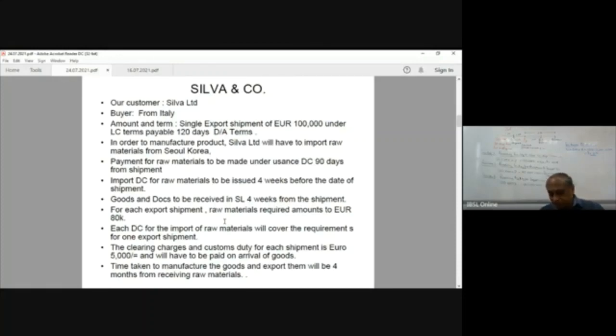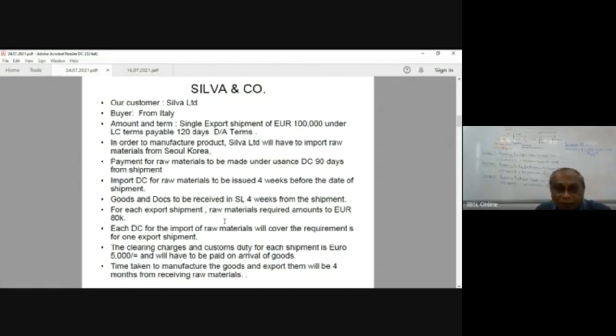I put DA as a simple way, but don't get used to it. The correct term is usance terms, 120 days usance terms. In collections it is the same thing, but I put DA because it will strike you very quickly. Otherwise, the correct term is usance terms.